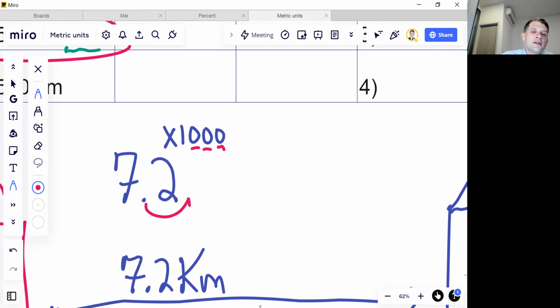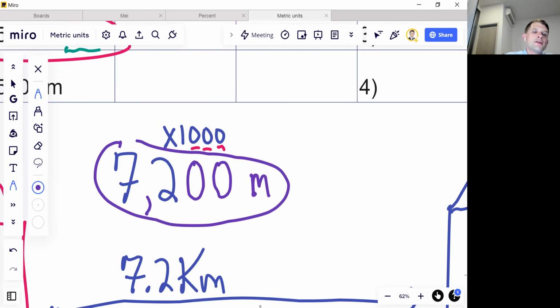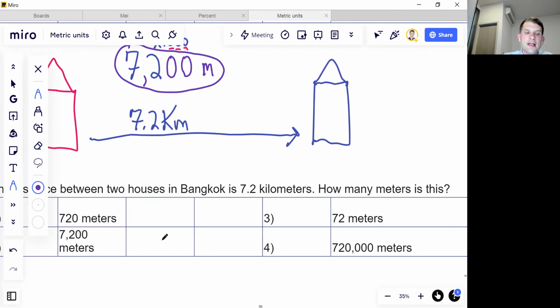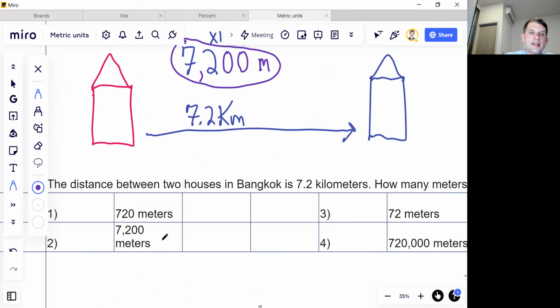Okay, and my new decimal is going to be out here. Okay, and I'm just going to erase my old decimal there and add 2 digits there. That's 7,200 meters. Okay, so that's my answer. 7,200 meters is equal to 7.2 kilometers. So that is option 2.